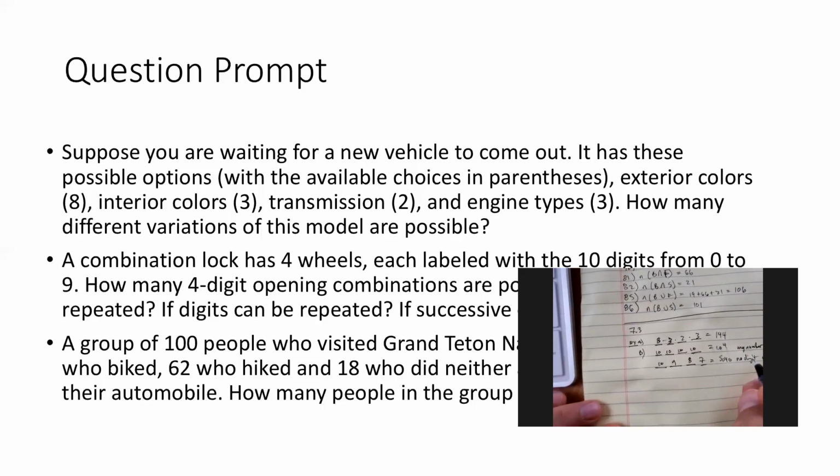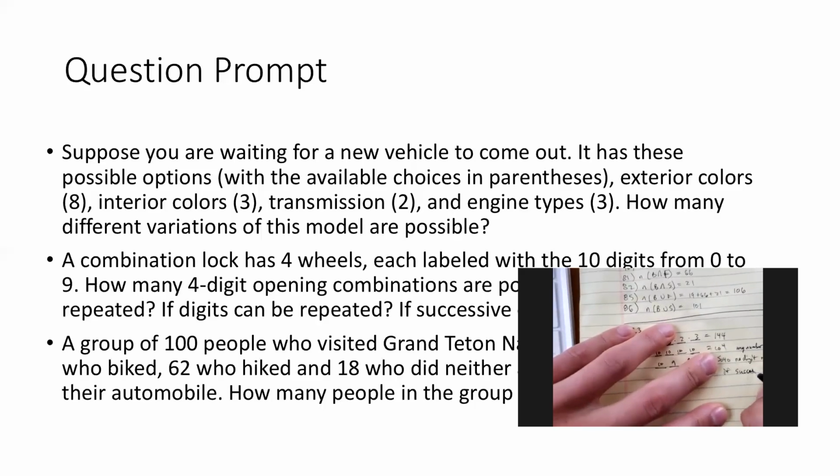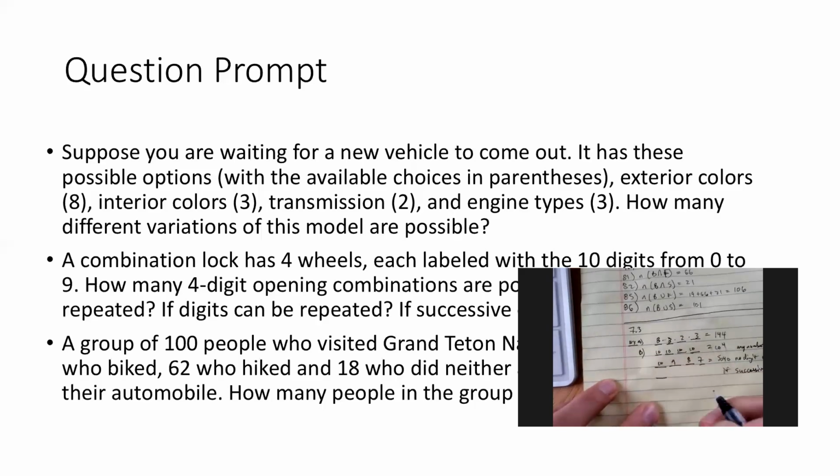And now, how about if successive digits or numbers must differ? What that means is basically, for example, in the first one, I can pick 10 because it doesn't matter which one I pick.